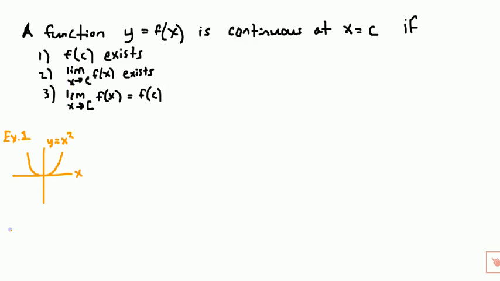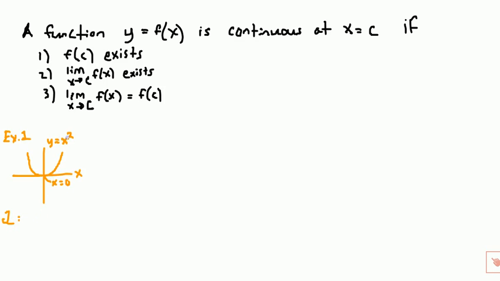So the first check. We need to check to see if f of c exists. Well, c can be anything. Let's check a specific point. Let's just check x equals 0 here. So does f of 0 exist?